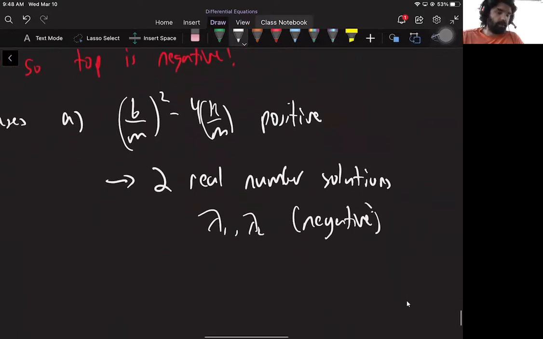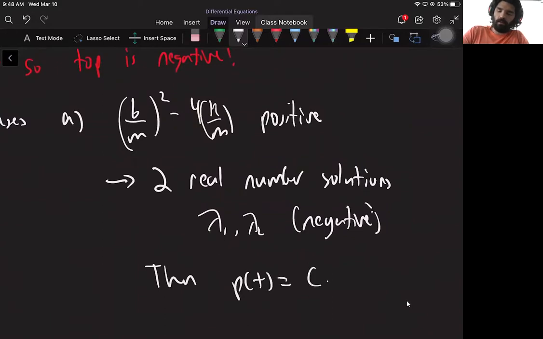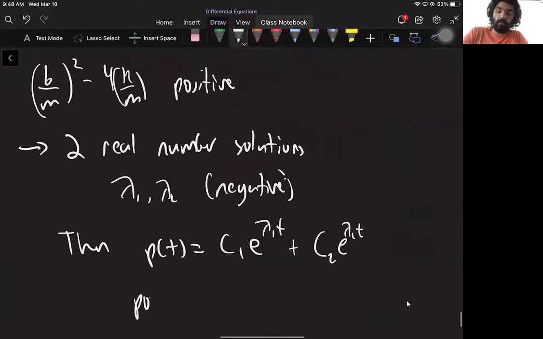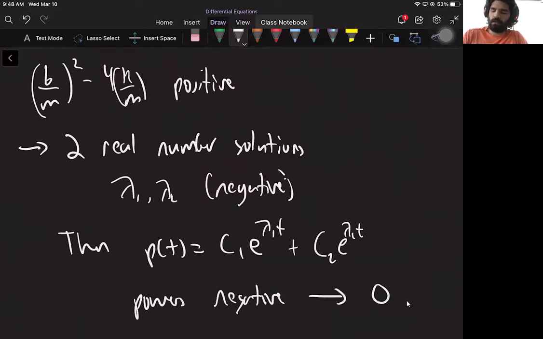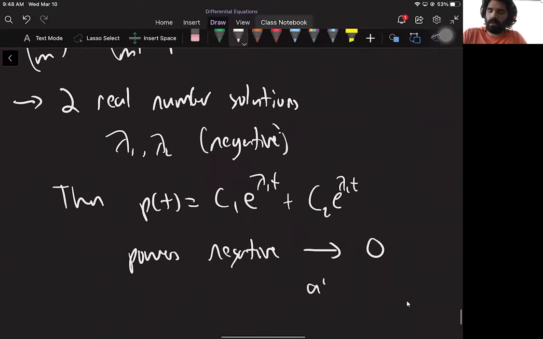So then the solution function is always going to look like this in this situation. And the powers are negative, so it's going to go to 0 as time goes on to infinity.